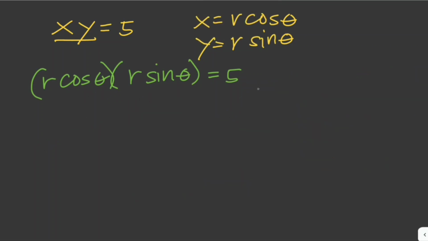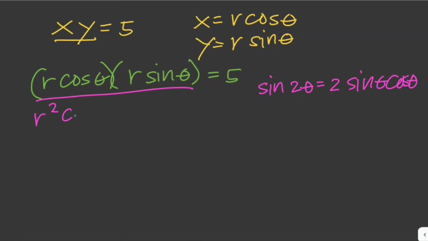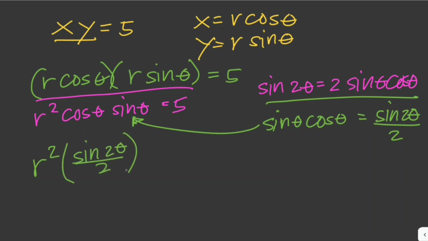So we can use this trigonometric identity, sine 2 theta equals 2 times sine theta cosine theta. So going back to r squared cosine theta sine theta equals 5, sine theta cosine theta is just equal to sine 2 theta over 2. So we can plug this in here. Then our equation would become r squared times sine 2 theta over 2 equals 5.